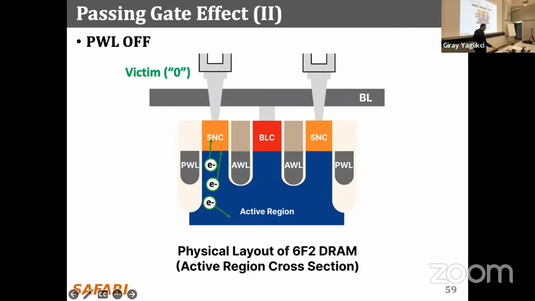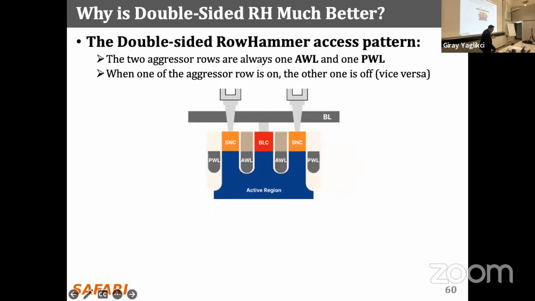Consider that these electrons are coming from anywhere in the active region. When you release them, some of them can go to the storage node, and some of them can get stuck around there as well. That causes the exacerbated leakage. So not all electrons return.